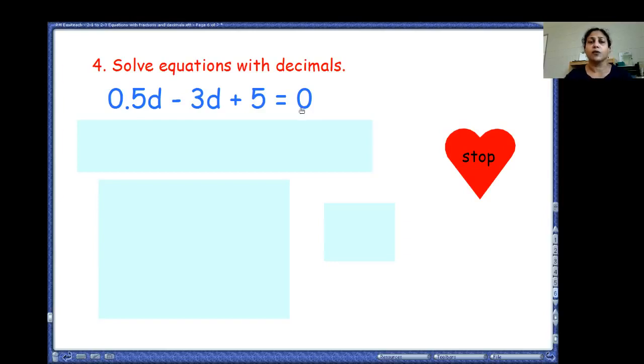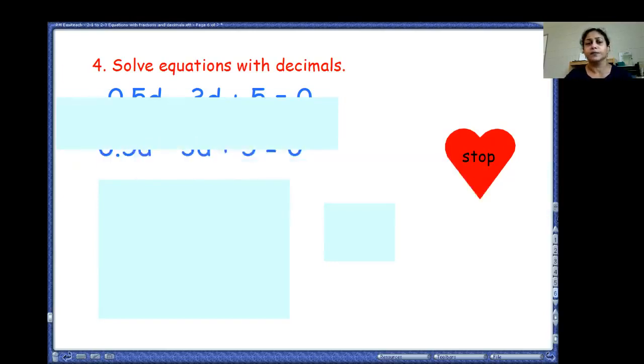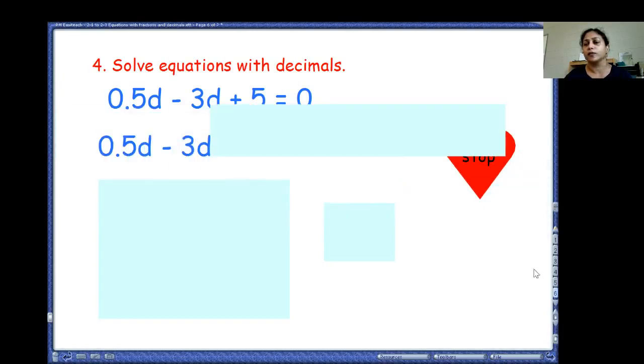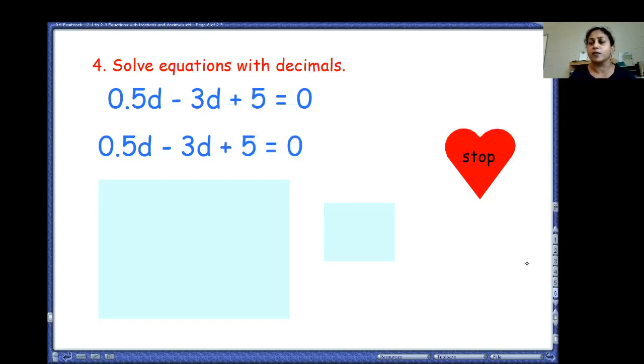So you are going to rewrite the equation and say that I'm going to take the entire equation and multiply it by 10. This one, it's easy to multiply by 10 because that will remove the 0.5 as your decimal.